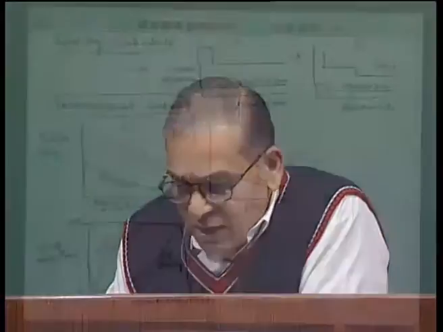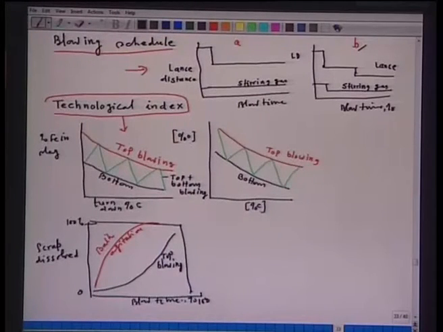Similarly, another technological index is the turn down oxygen content, plotted against turn down carbon content. Again, for any turn down carbon content of the steel, the dissolved oxygen in the steel is higher for top blowing and lower for bottom blowing, and the green range which I have shown is for top and bottom blowing, because there are different processes.